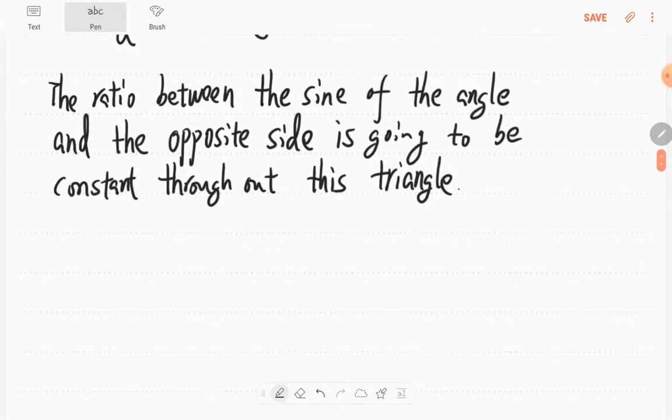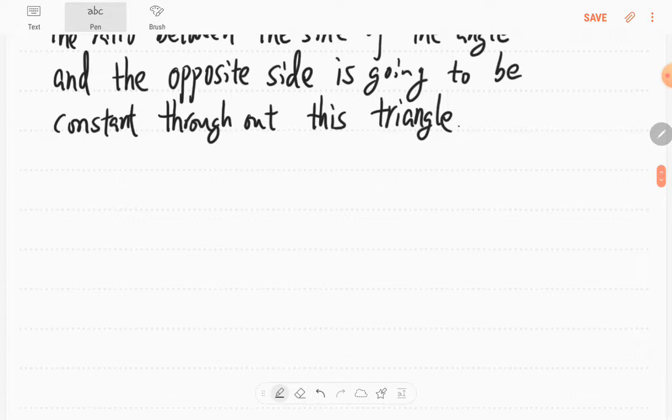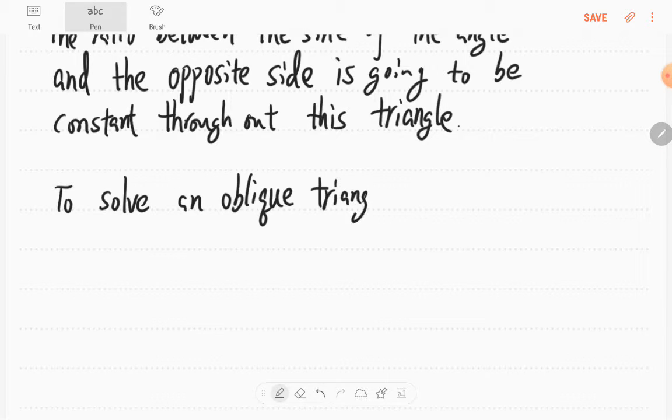In order to solve an oblique triangle, that means we need to find the missing sides and the missing angles, there is an efficient way.